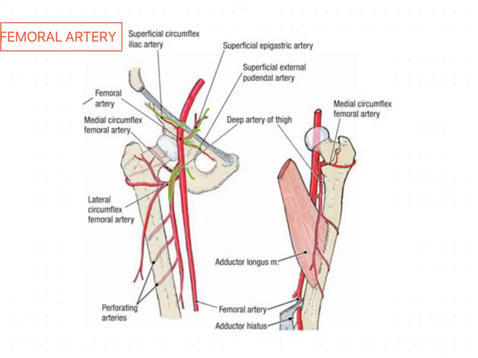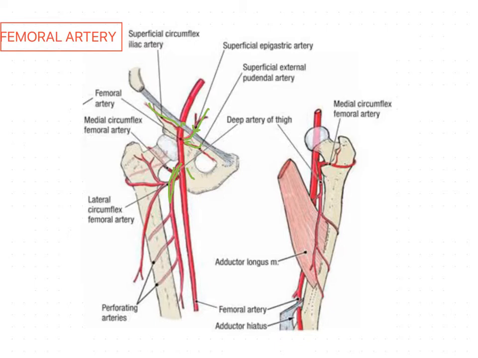The circumflex artery supplies the skin and superficial fascia of the anterior superior iliac spine area, whereas the external pudendal artery supplies the skin over the external genitalia and over the lower part of the abdomen.